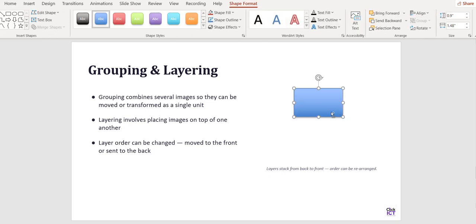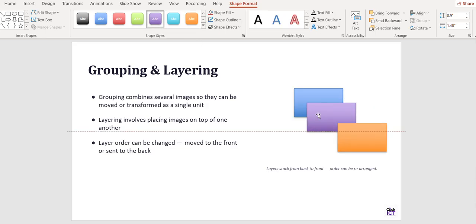For example, this is first, this is second, and this is the third one. To differentiate, we will be changing the colors. All right, now you can see that I have kept one rectangle on another. So when you are placing an image on the top of another image, this is called layering.